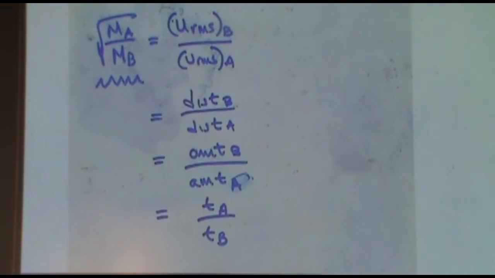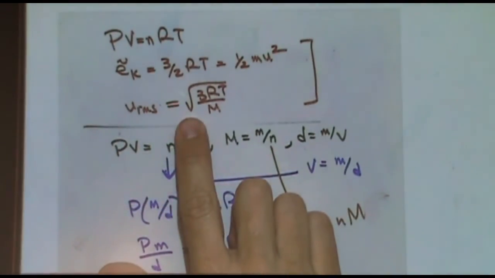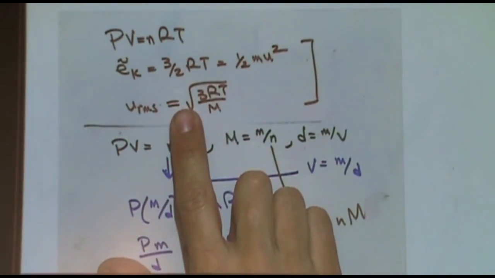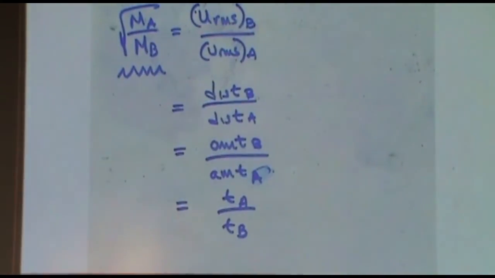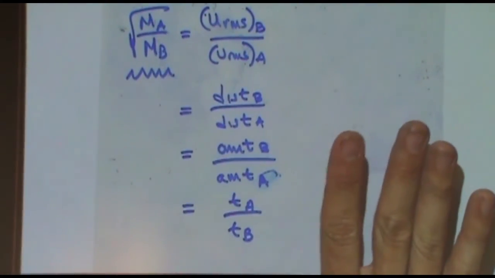If we ask you about rates and we want a ratio, or we're talking about 2 gases, it's Graham's law. If we're talking only about 1 gas and we want to know about rate, then you use this equation. If it's 2 gases, it's going to be a version of this.